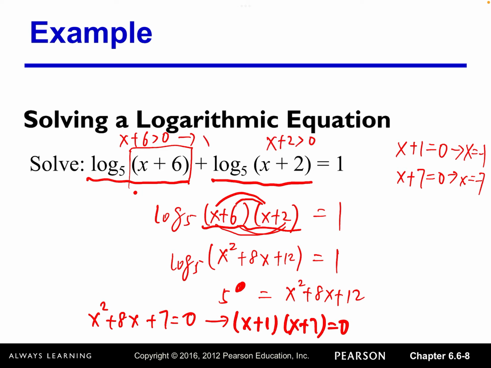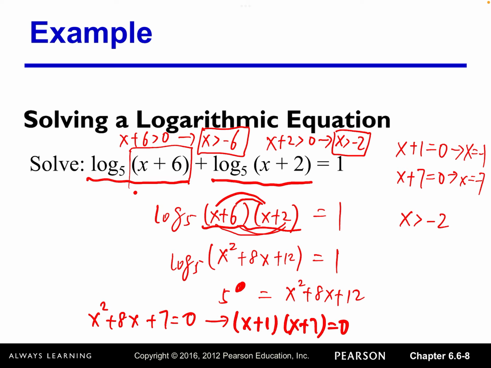That derives x must be greater than negative 6. From this domain, we figured x must be greater than negative 2. Combining the two, x must be greater than negative 2, which also satisfies x greater than negative 6.